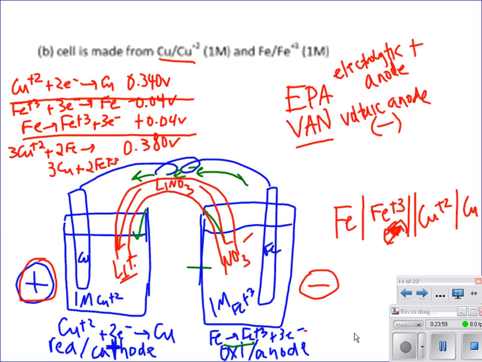What about rechargeable batteries? Any ideas? So we have a battery, it's dead. I put it into a charger, plug it in the wall. What's it doing? It's reversing both those equations and forcing electrons back, rebuilding our anode, making our iron back again, and recreating some copper too.